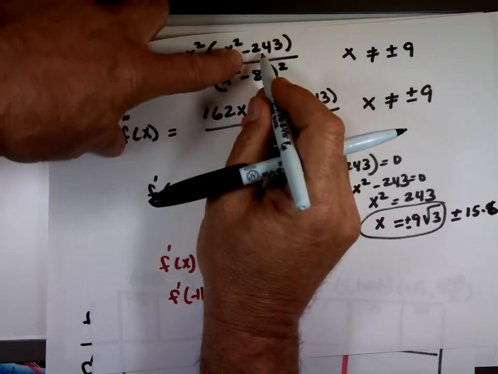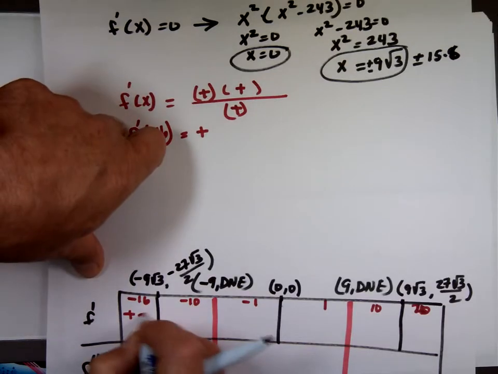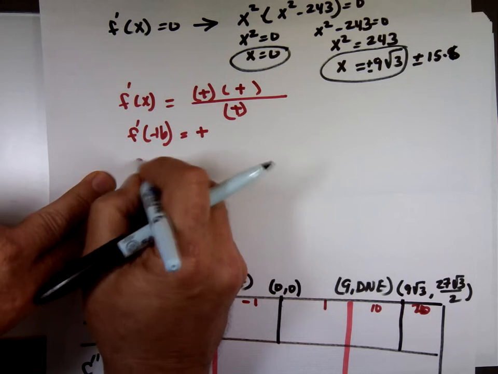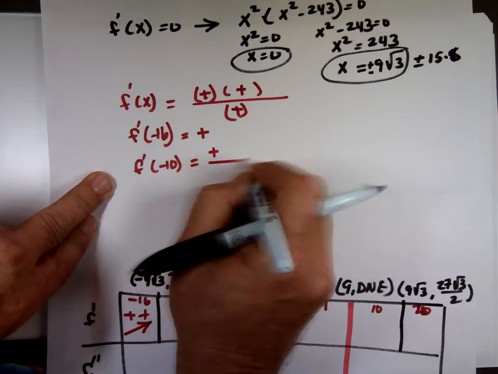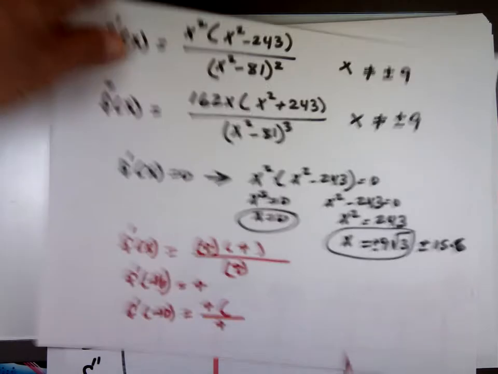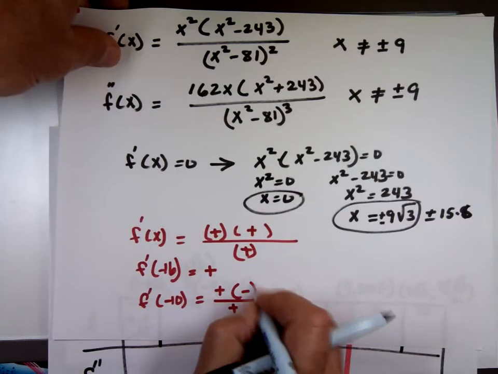Positive. So this is a plus. Let's try the 10. Again, the first piece is positive, the last one is positive. Negative 10. Square it. 100 minus 243. Negative. That's a negative.